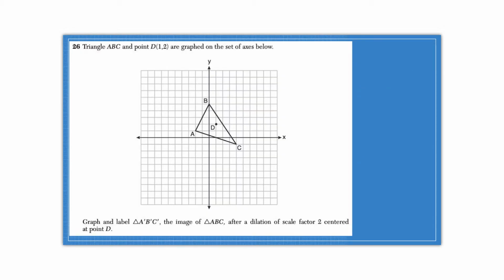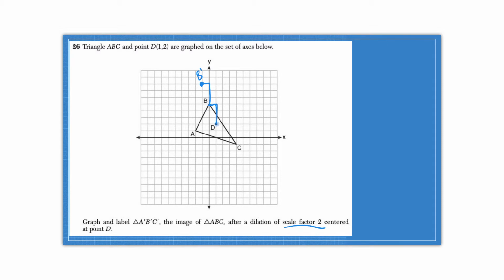In question 26, we are dilating triangle ABC from center (1, 2) with scale factor 2. If we want to graph it, we basically just take the slope, say from D to B, which is up 3 and right 1. Since we're dilating by scale factor 2, instead of doing that once, we do it twice. So up 3, right 1, a second time.